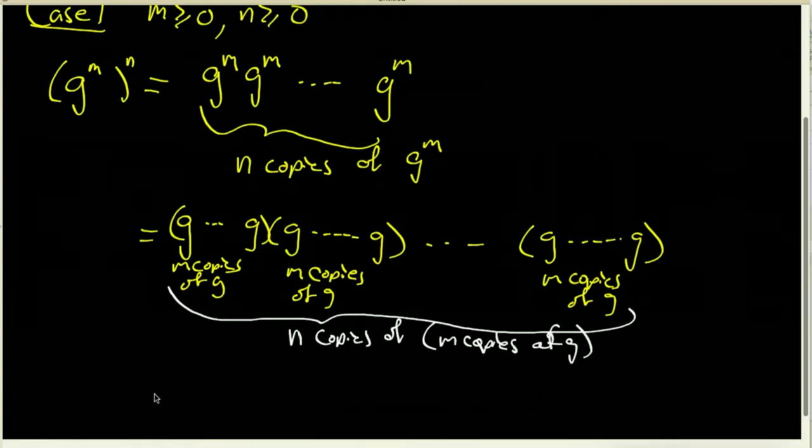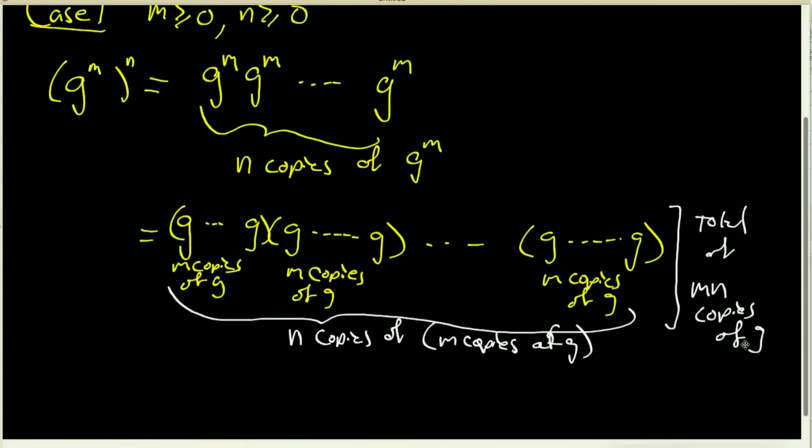And that means what we've got is a total of m times n copies of g on that list. And so we wind up saying that this is indeed g to the m times n. So case 1 is done.